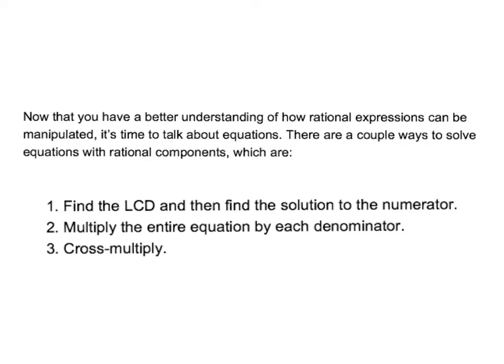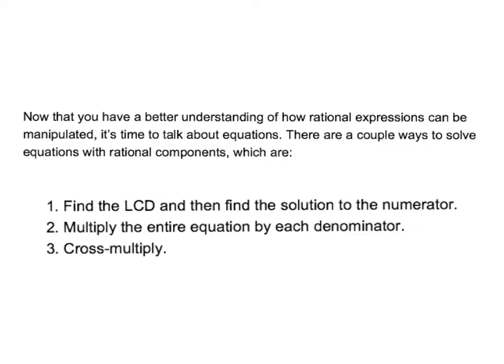So now that you have a better understanding of how we can work with rational expressions and perform different operations on them, it's time to move up to equations. With an equation, you could have several components, and as long as one of them is a rational expression, we need to use different methods for solving that type of equation. There are a few methods to do this.